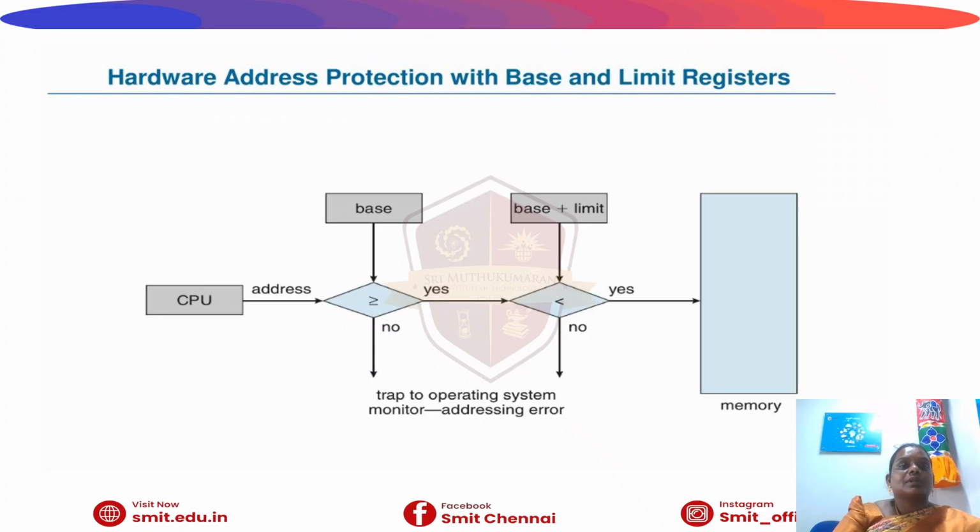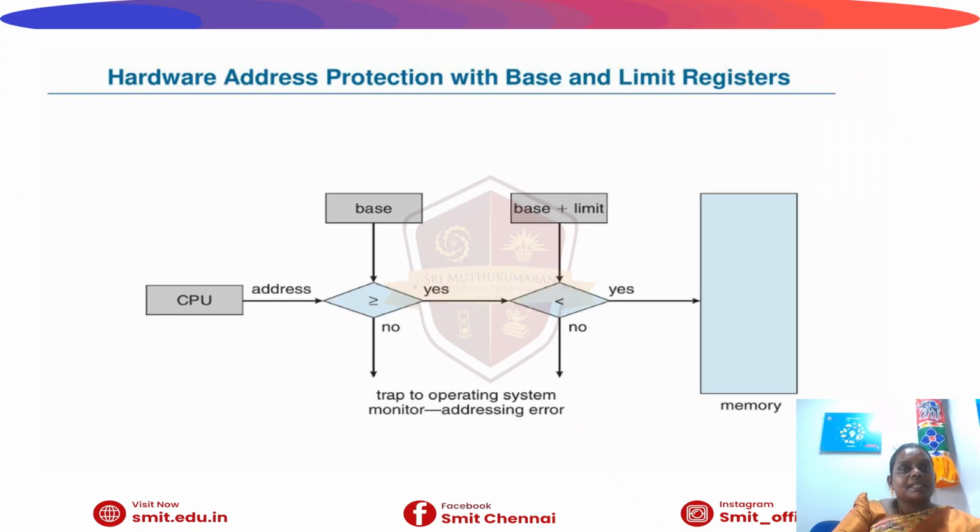Hardware protection uses the base and limit registers, which provide address protection that ensures a process accesses only its allocated memory. The base register contains the starting address of the process, and the limit register contains the size of the process memory area.